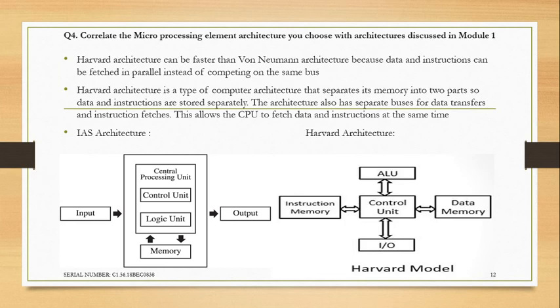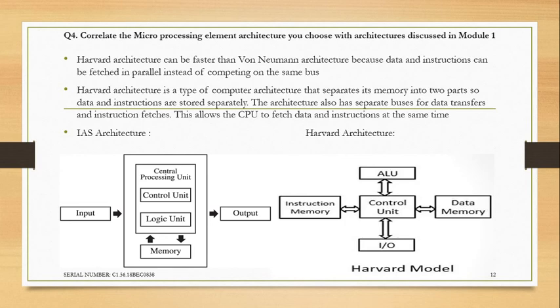Correlate the architecture used in the chosen microcontroller with what was discussed in module 1. In module 1 we have discussed ISA architecture. Harvard architecture can be faster than von Neumann architecture because data and instructions can be fetched in parallel instead of competing on the same buses.